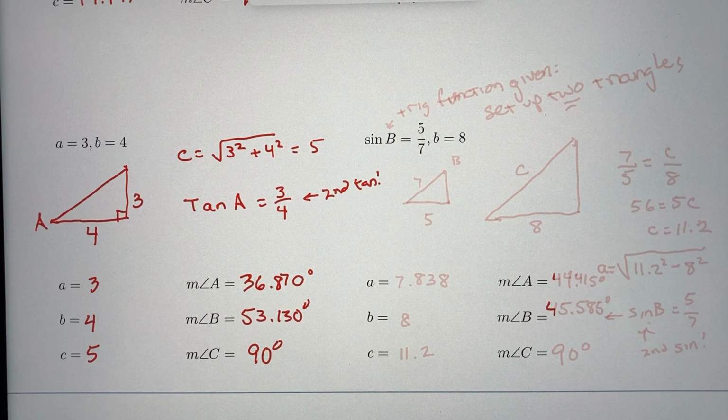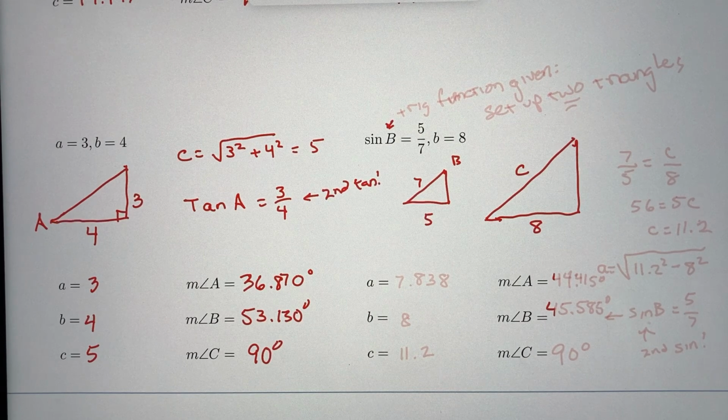Okay. This last one is the trickiest one. Pay special attention. If I draw, sine B is 5/7, but B isn't 5. What's going on there? The idea is, if you're given a trig answer, it's a proportionality statement. It's not a statement of exact values. So what we have to do is set up a proportionality statement of our own using two different triangles.